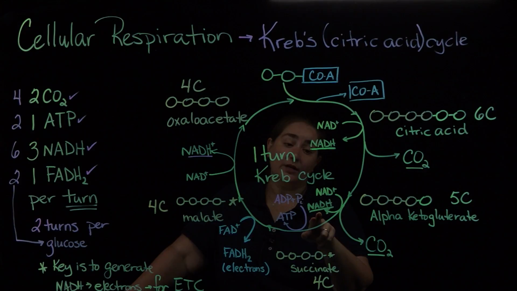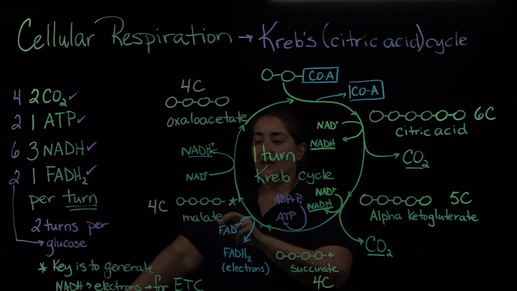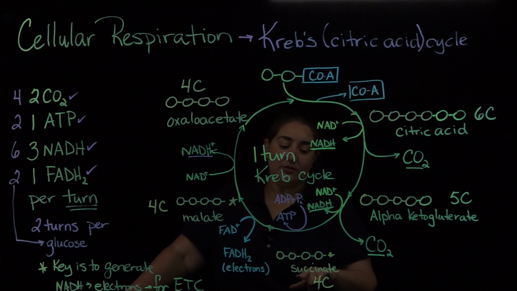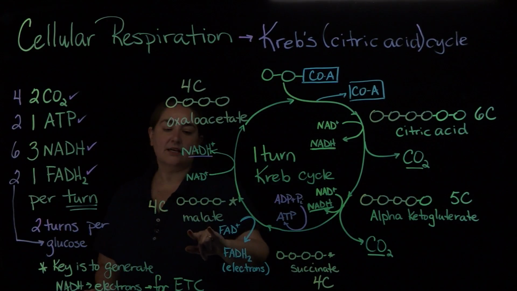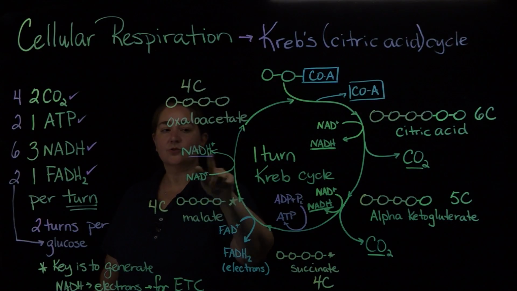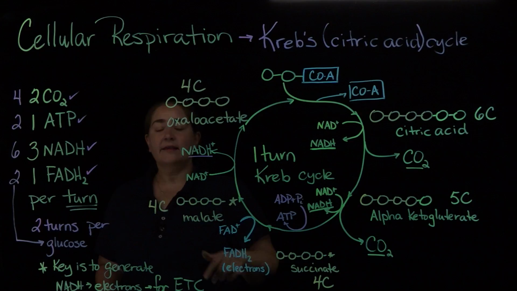We're generating more NADH. This is also where our ATP is generated in the Krebs cycle. Succinate to malate. Now what we're going to do is strip electrons off of succinate. So we get electrons in the form of FADH2. Succinate becomes malate. Malate, we strip more electrons out, generate oxaloacetate. That's the citric acid cycle, okay?